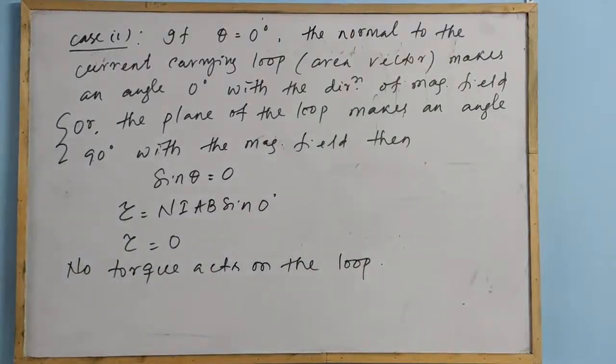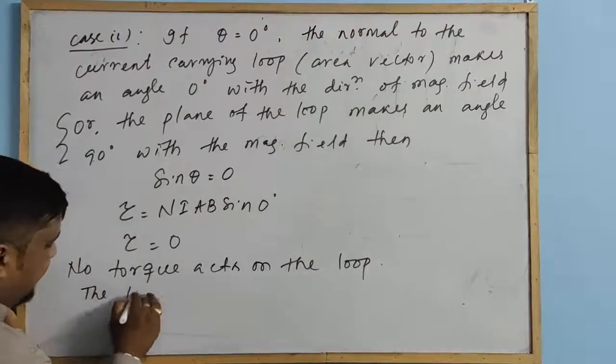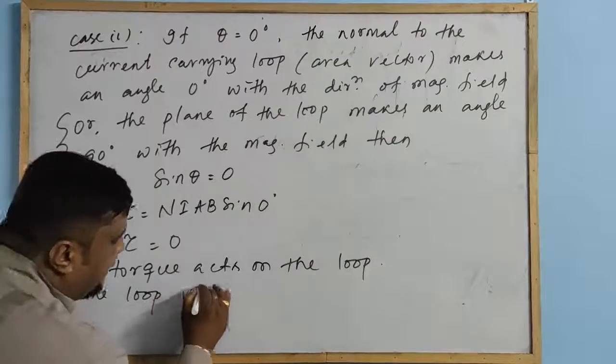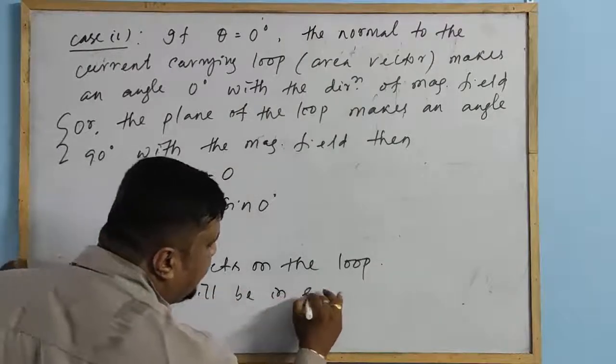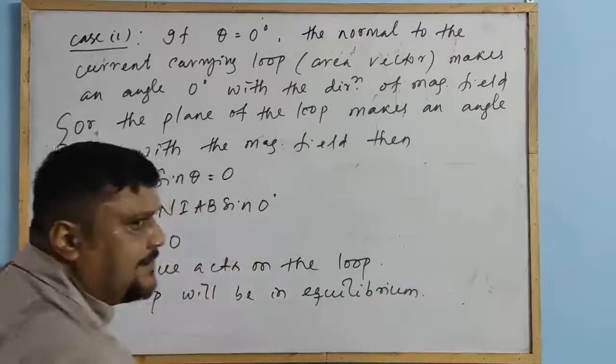Clear? Then the loop will be in the position of equilibrium. No torque acts on the loop. The loop will be in equilibrium.